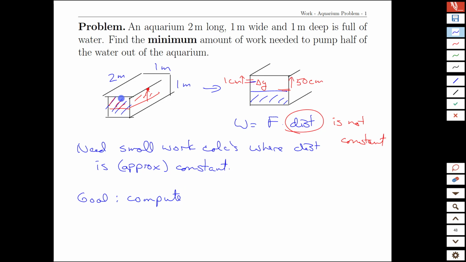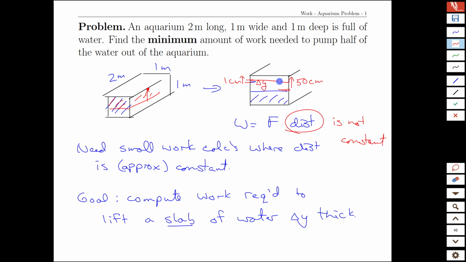not the work of lifting all this water at once, because that is the challenge, because the distance we're lifting is not constant, but instead compute the work required to lift a slab of water that is delta y thick. And why is that more helpful?